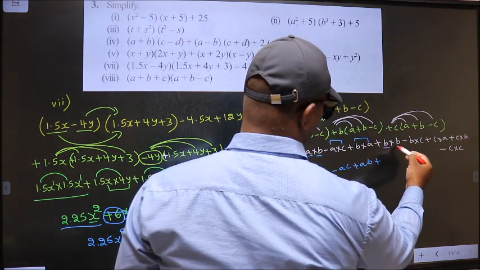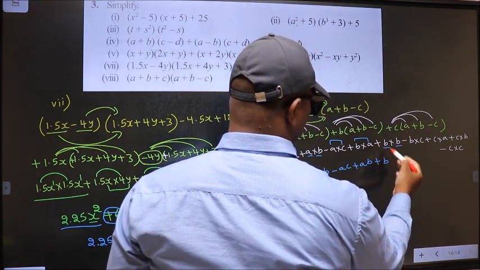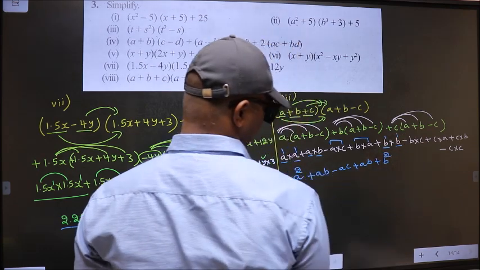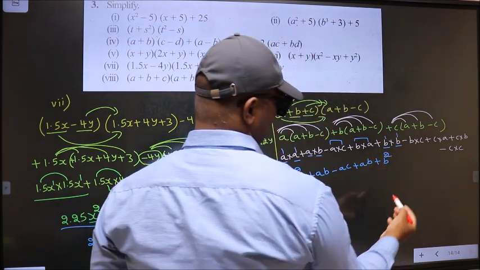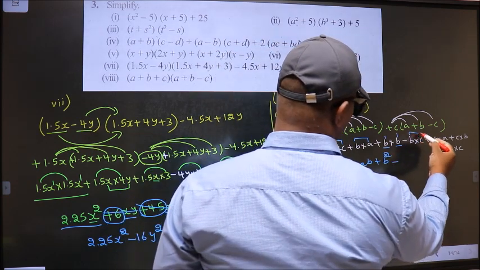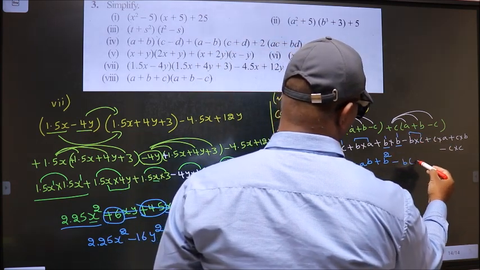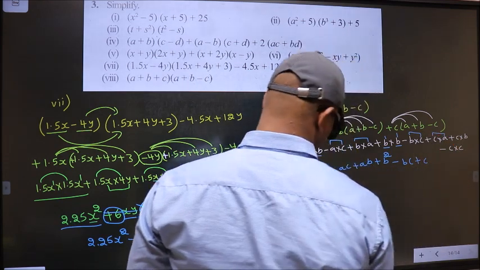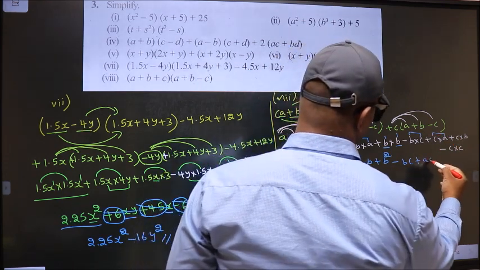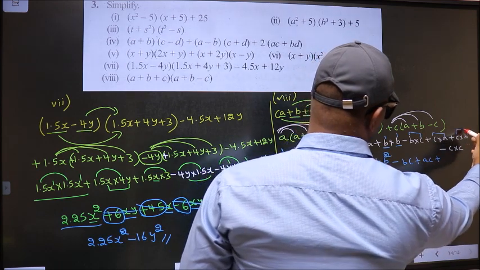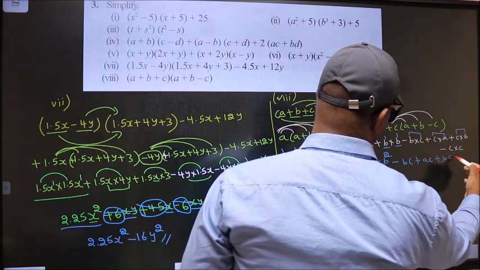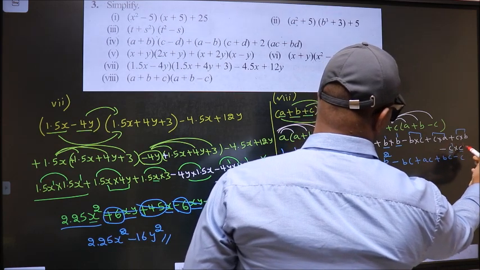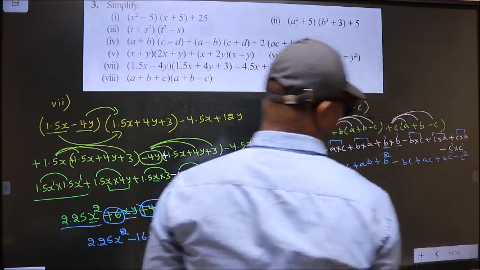Next, B, you write B. Add the powers, 1 plus 1, 2. Next, letters are different, so as it is you write. Plus, letters are different, as it is you write. Whether CA or AC, same thing. Plus, letters are different, so you write as it is. Minus C, add the powers, we get 1 plus 1, 2.